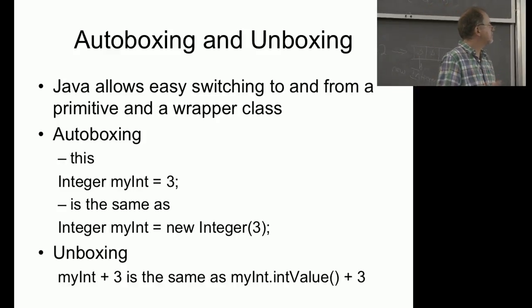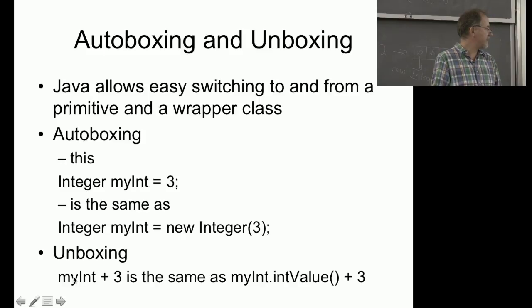But, if I say Integer myInt equals 3, that's a weird thing because this is an int and this is an Integer, right? But it lets us do this. It's what's called autoboxing. And really, when it sees something like this, it translates it internally into new Integer(3). In other words, it automatically wraps this raw primitive in an object that allows us to assign it to myInt. Okay? And then unboxing goes the other way.